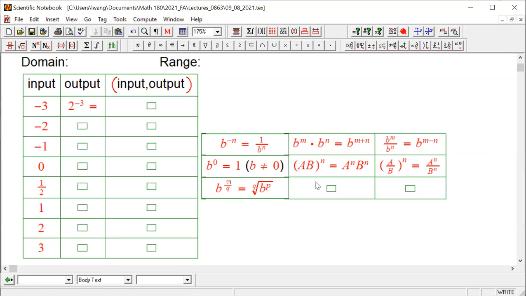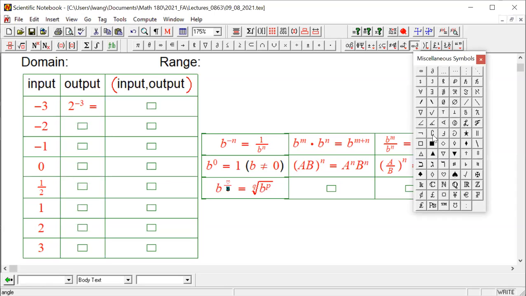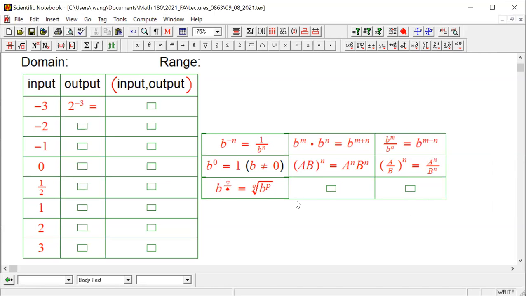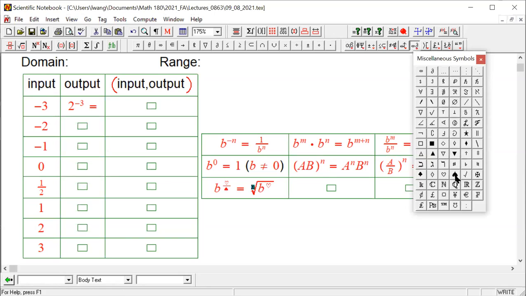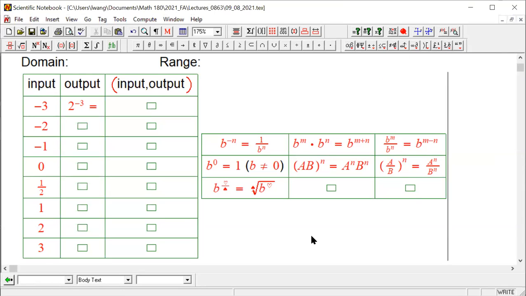You can use any symbol you want, p, q or whatever. I can use a heart, and I can use, let's see, a spade, right? And this heart is going to go here, in the position of numerator. And the spade is going to go there. You guys follow me?